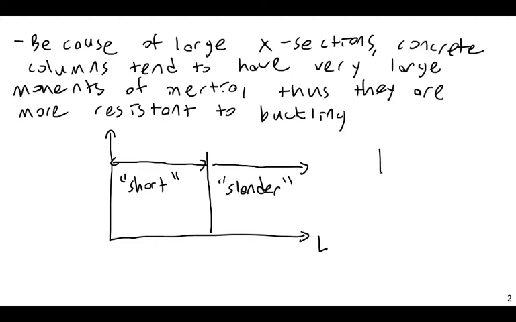If you make a very short column out of it, not a very tall column, that's what we refer to as a short column. But as you start making it longer and longer, taller and taller, eventually the same cross section becomes what we would refer to as a slender column.